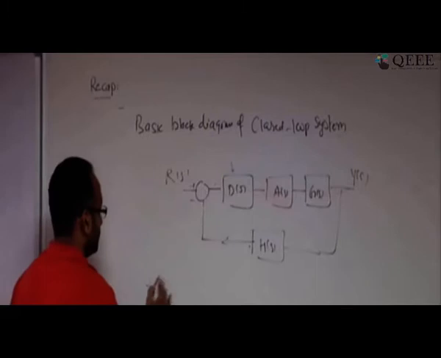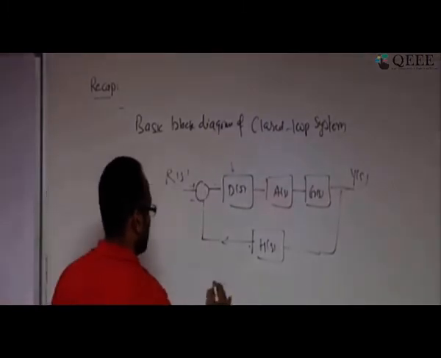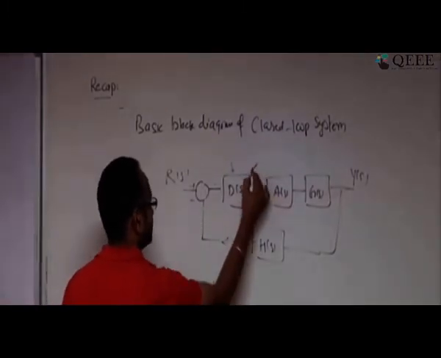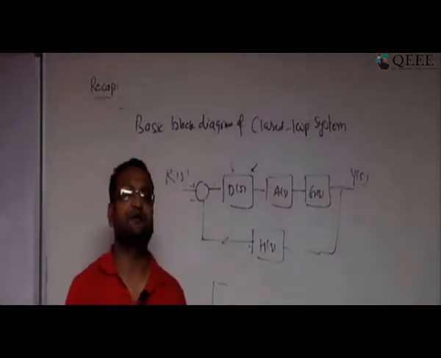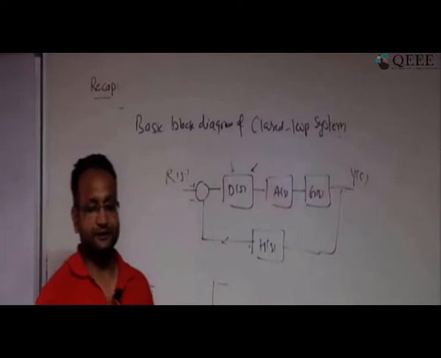Okay. Now I talked about how to represent this thing. That I also explained to you. This is represented by the Laplace transform of the impulse response of the system.